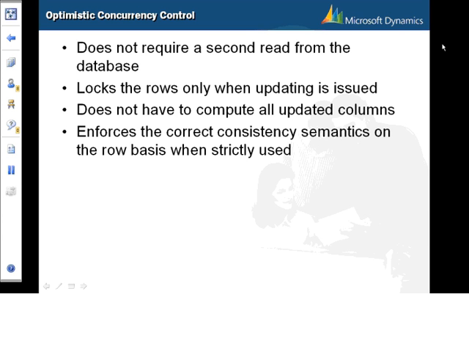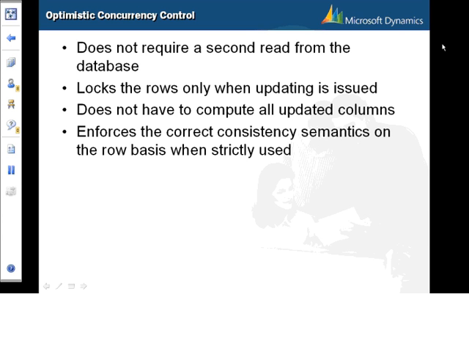Because of the potential for a lengthy time span between loading and updating the data, database locks are usually not held. To make sure of data consistency in a multi-user environment, optimistic concurrency control is used to determine whether the data has been changed by other users before saving the changes to the database.